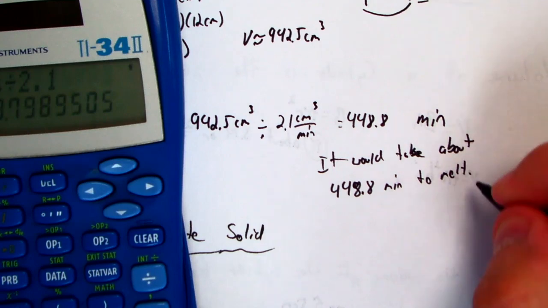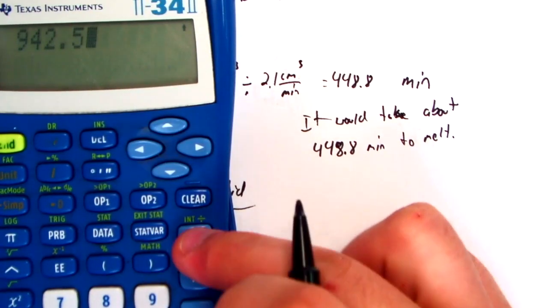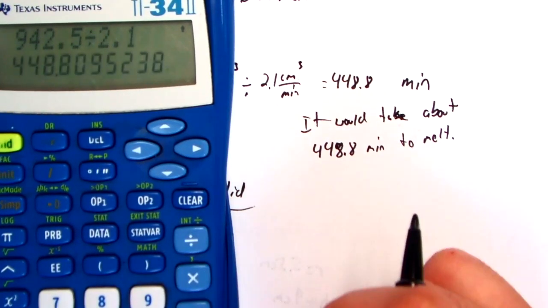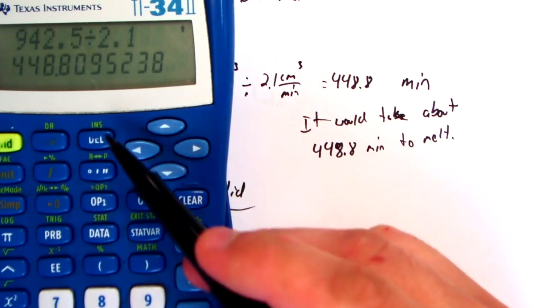Now, if we were to get this rounded number, it would still get us there, but notice that this number was slightly different than what we just did.